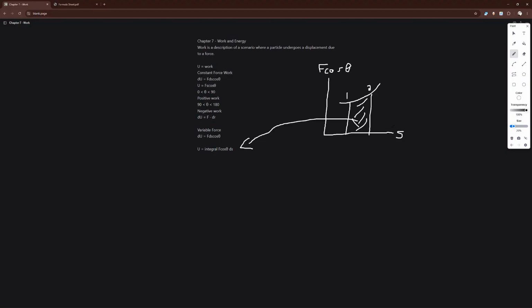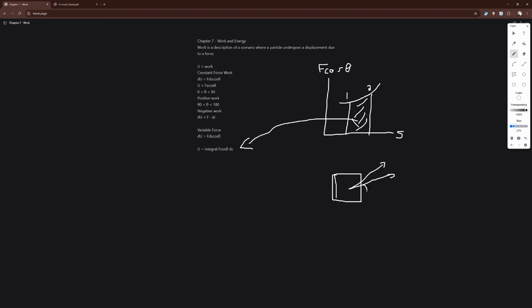So, yeah, pretty easy. Also, if you have variable force, that means you might have a variable theta, because, say, the force is like this at one time, and then it goes up to here like this at another time, right?